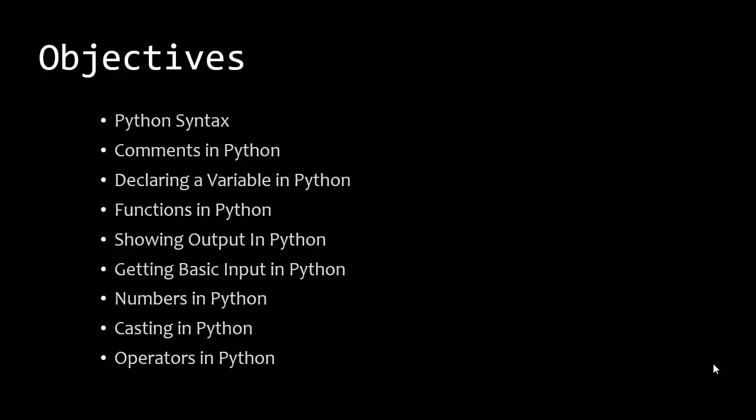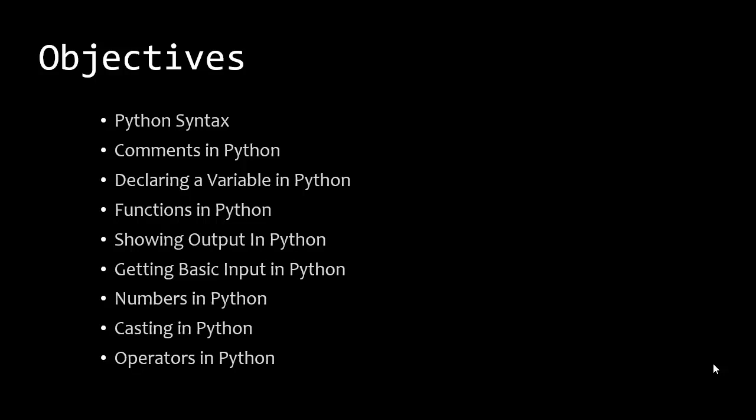All right, so for this particular video, we're going to talk about the Python syntax, comments in Python, how to comment in Python, I should say, how to declare variables in Python, functions in Python, showing output in Python, getting basic input in Python, numbers in Python, casting in Python, and operators in Python.